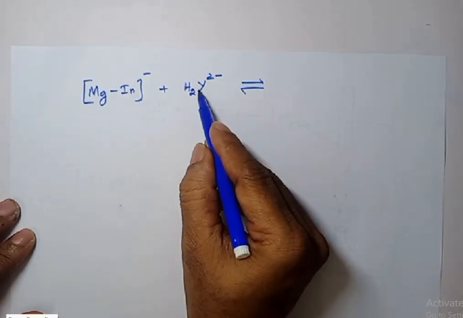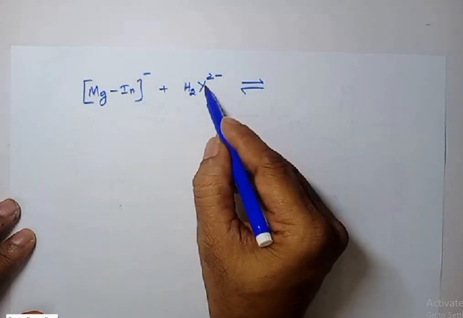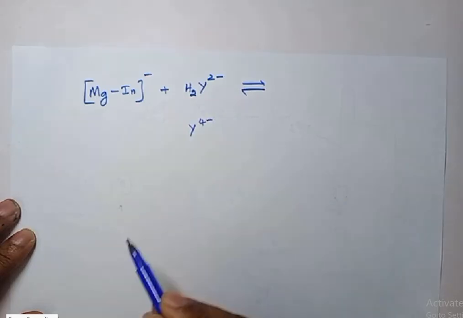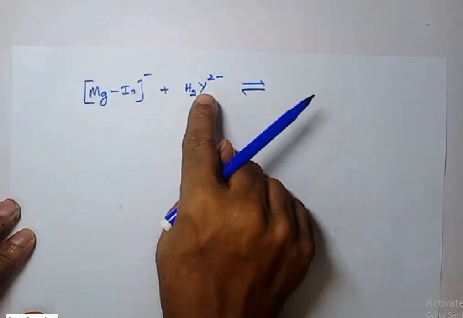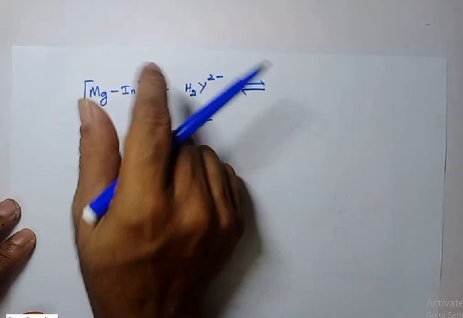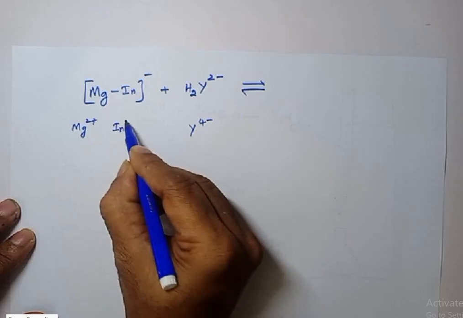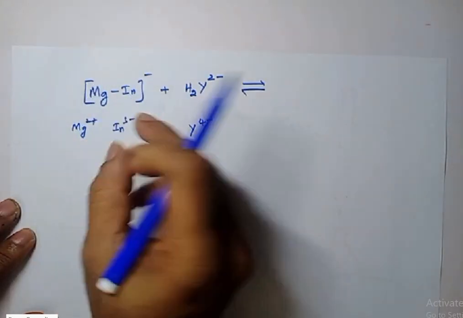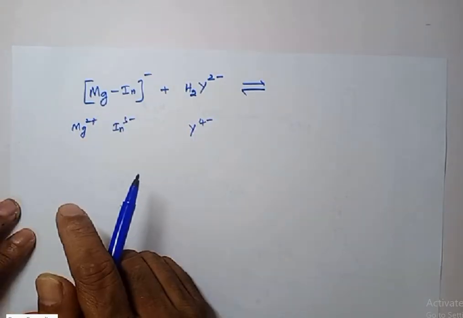To understand this, first remove the hydrogen as H+. The Y becomes Y4-. Then the magnesium indicator complex will decompose. This ligand decomposes the complex, so you get magnesium 2+ and indicator 3-. This complex decomposes at the end point or the equivalence point.